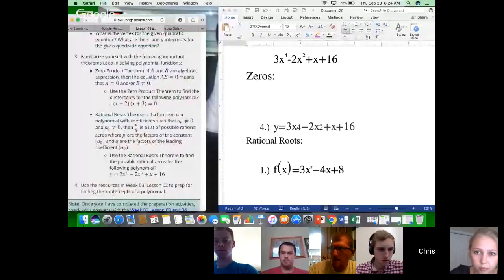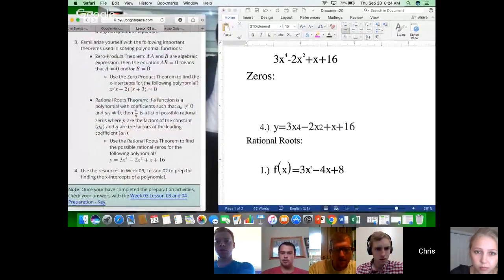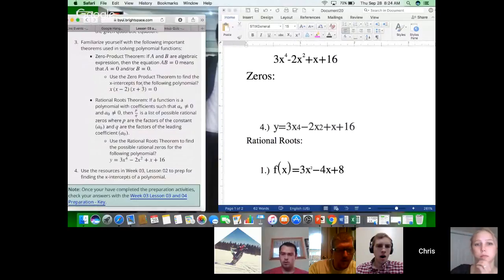The zero product theorem: if A and B are algebraic expressions, then the equation AB equals 0 means that A equals 0 and/or B equals 0. Use the zero product theorem to find the x, just kidding.